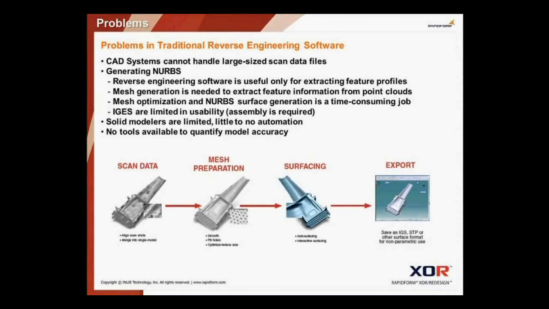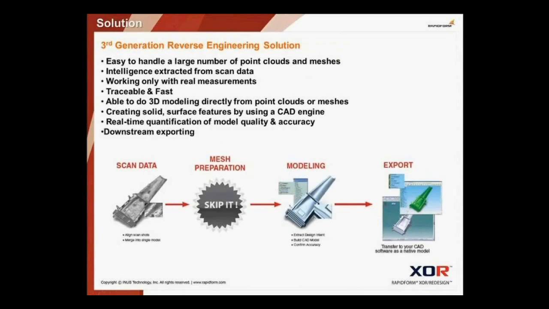And normally you have no tools to quantify the model accuracy. You just reverse the surface, transfer to CAD, and then you can estimate how accurate your reverse modeling was.